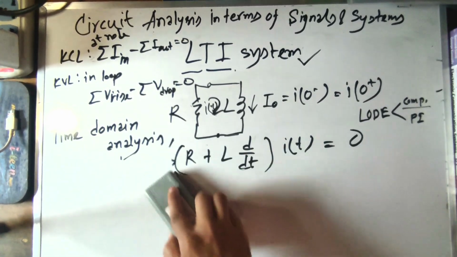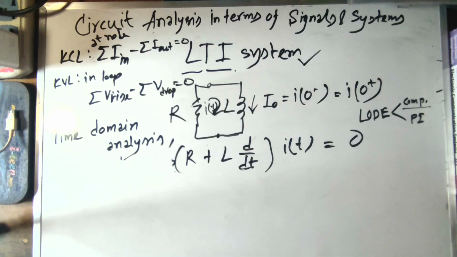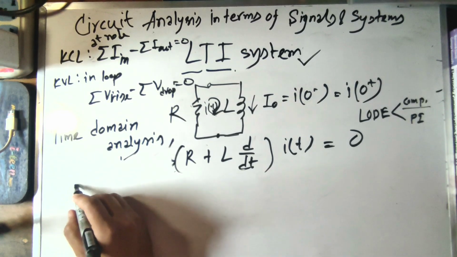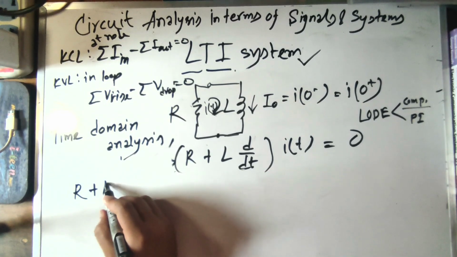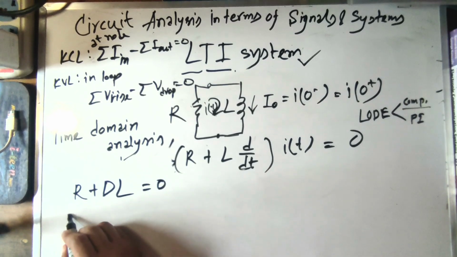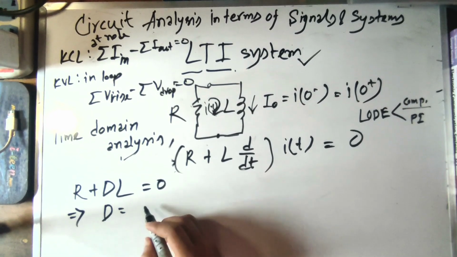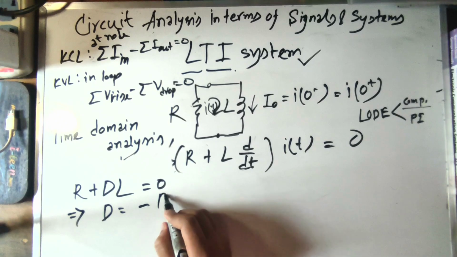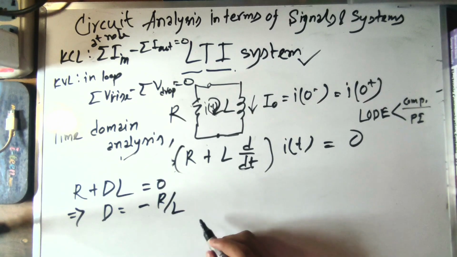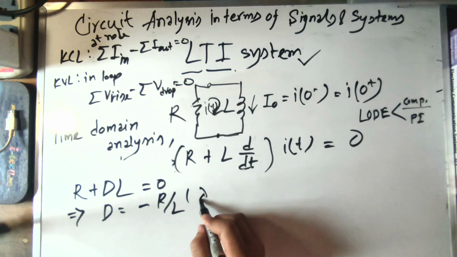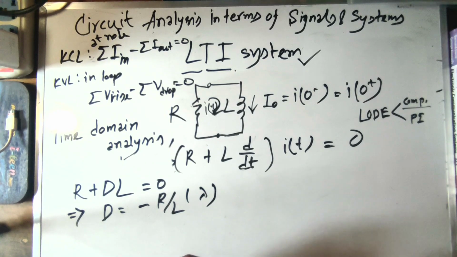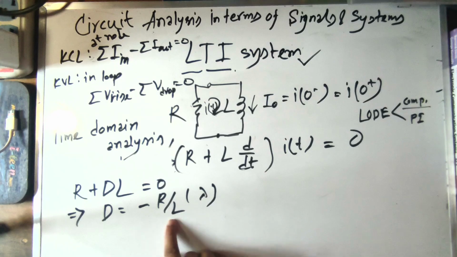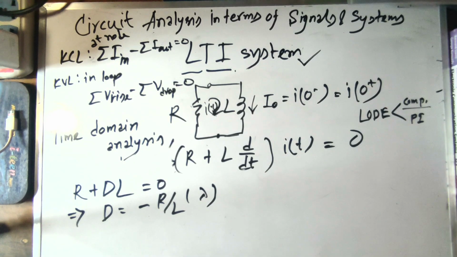Now R plus DL equals 0, or D equals minus R by L, which can be called lambda, the characteristic eigenvalue. So we found our complementary solution.